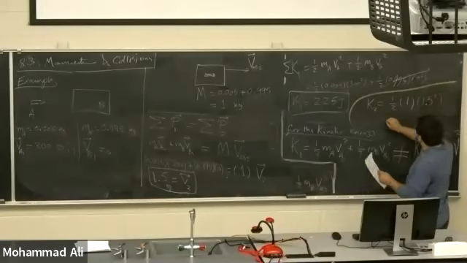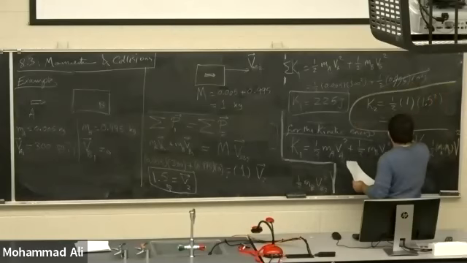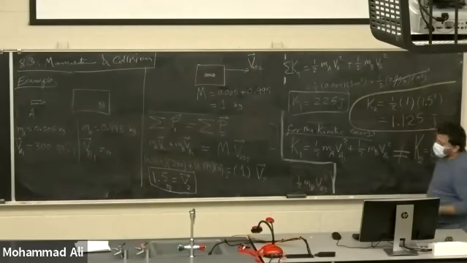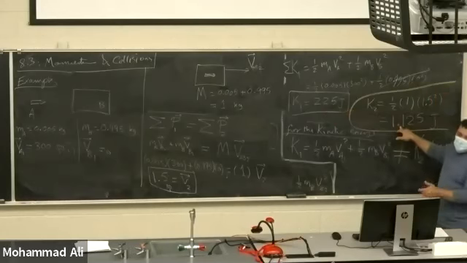It will be equal to 1.125 joules. You can see the difference between the energy before and after the collision. We have too much wasted energy, from 225 to just 1.1.